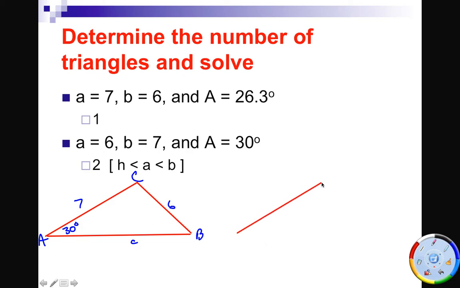But I still have to have this 7, and this angle still has to be 30. That's the only thing that needs to stay the same other than this 6, which, as I was saying, could be here, but I'm going to swing it around to right here. So I'm going to shorten my other line to this, which means this is 6 now.